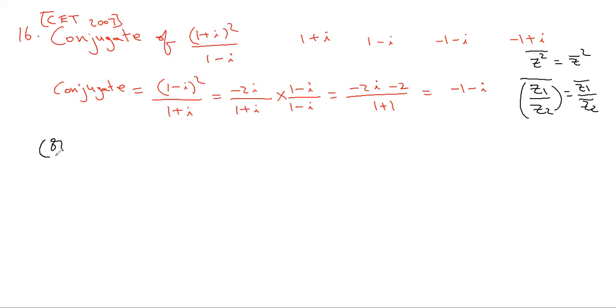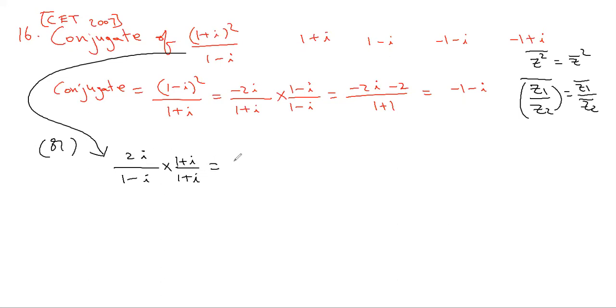Or otherwise, you can directly simplify. This 1 plus i square is 2i by 1 minus i, and into 1 plus i by 1 plus i. So 2i plus 2i square by 2 plus 2, which means 1 plus 1, 2. Take 2 common and cancel. The i minus 1, basically minus 1 plus i.